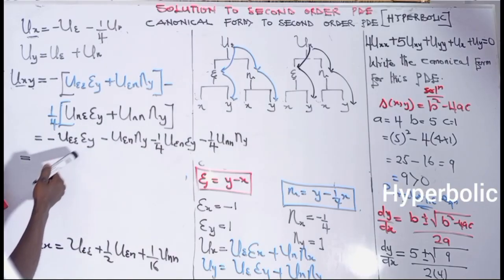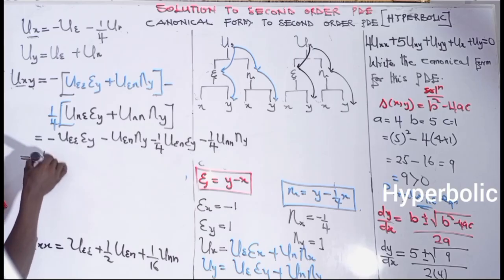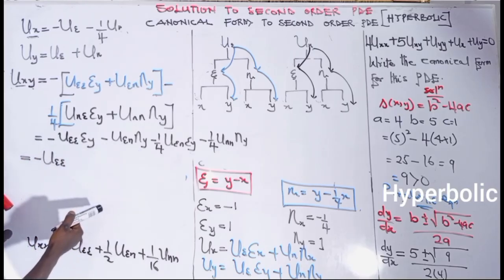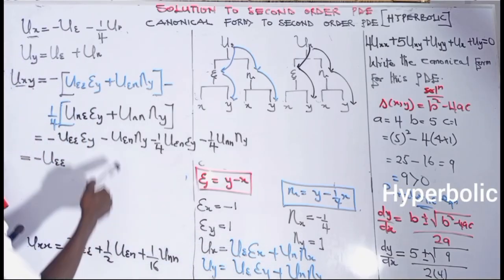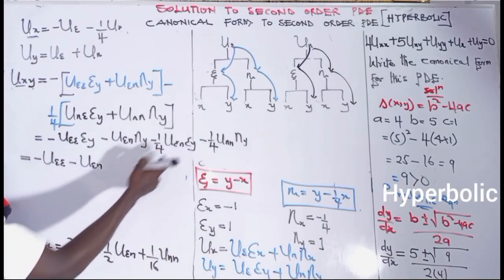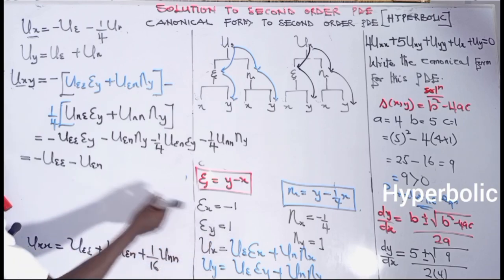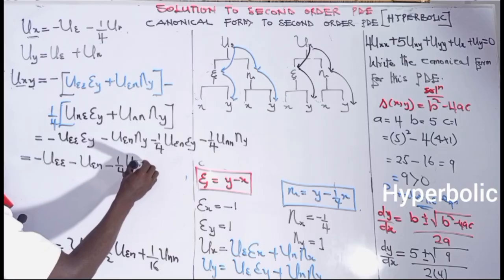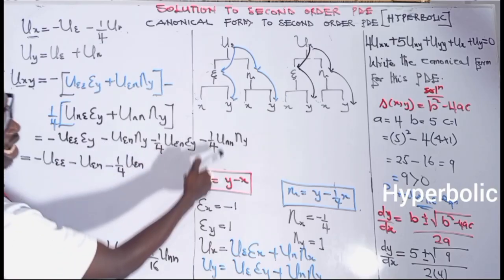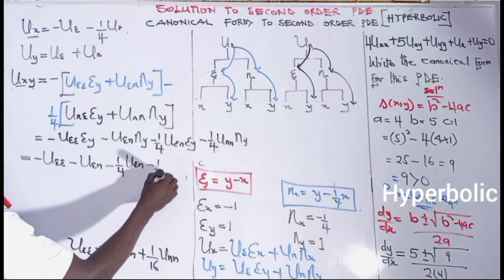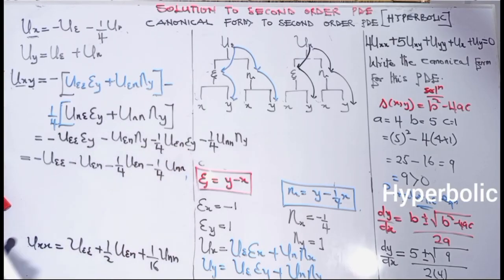Now we know that zeta y is 1, so we plug in and get minus u zeta zeta. Eta y is also 1, so we get minus u zeta eta. Then zeta y again is 1, so when we multiply we have 1 over 4 u zeta eta. Eta y is also 1, so we get 1 over 4 u eta eta.